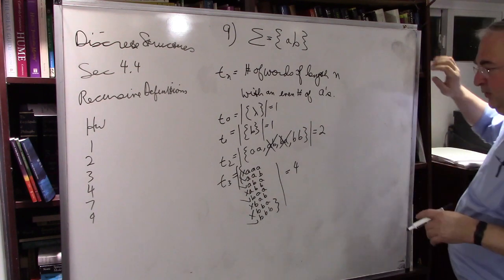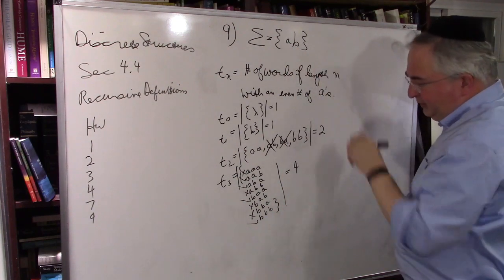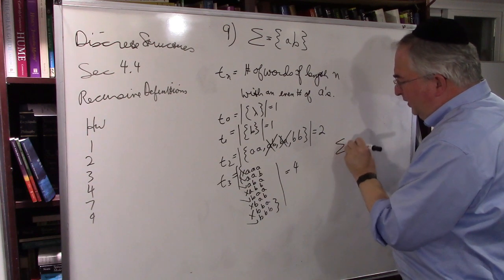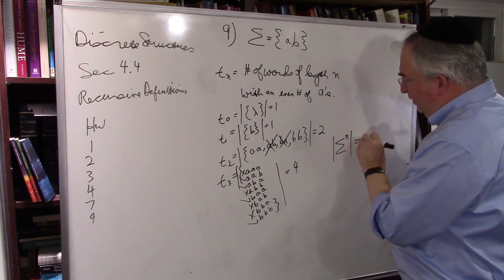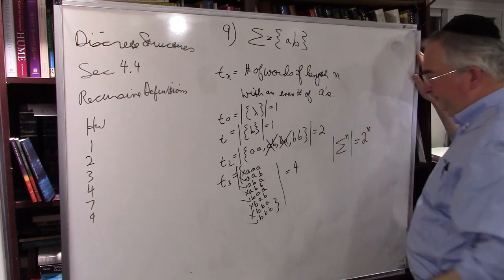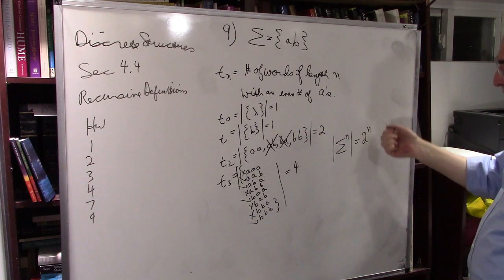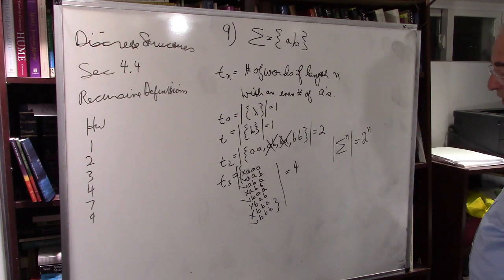I think I have a way of doing it. How many words are there? There are 2 letters in the alphabet. How many words are there of length n? Sigma to the n, those are words of length n. Well, there are 2 to the n, because each one of the letters can be A or B.